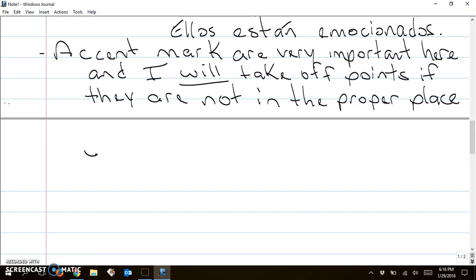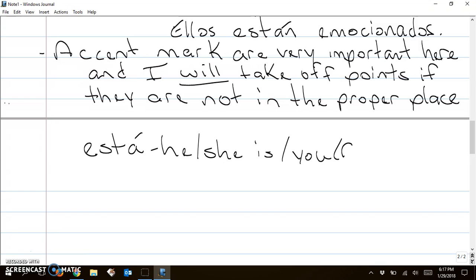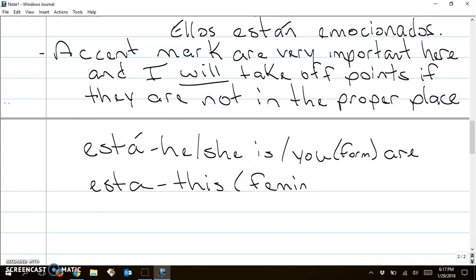If you leave it off, you have está. He, she is, or you formal are. If you leave your accent mark off, you have esta, which is this. Feminine singular.